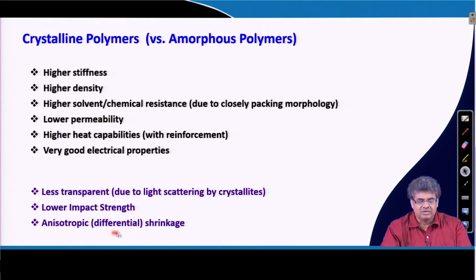Also, because the density is not homogeneous, in the sense that some parts are less dense than the crystalline parts, which are more dense, it also has anisotropic or differential shrinkage, because it shrinks more in one direction compared to the other directions.